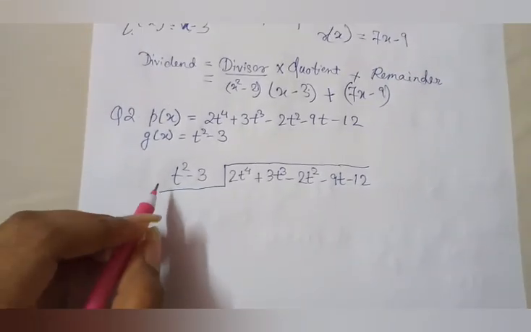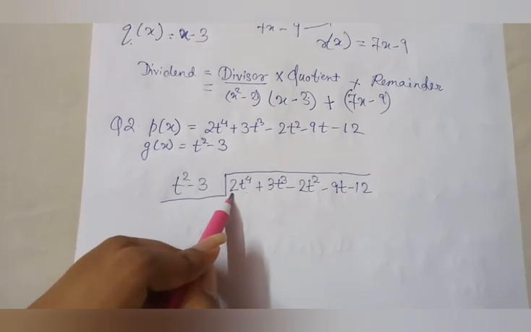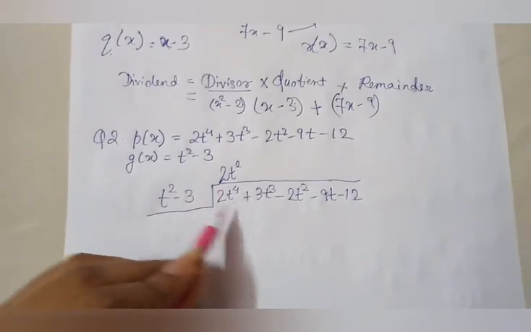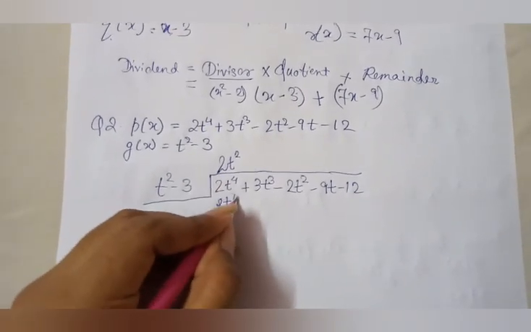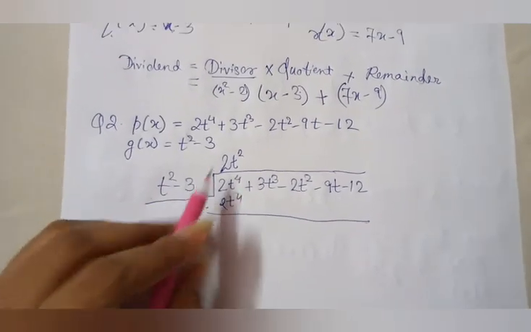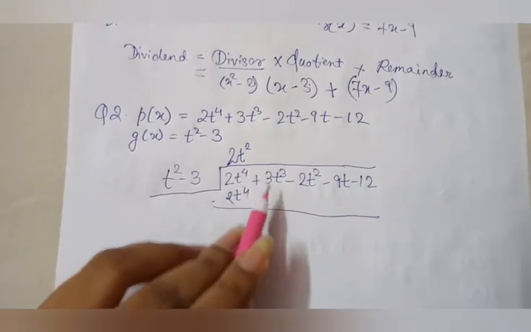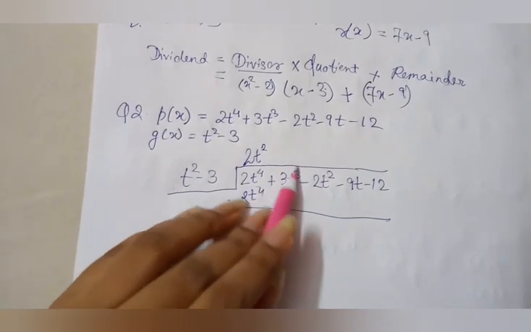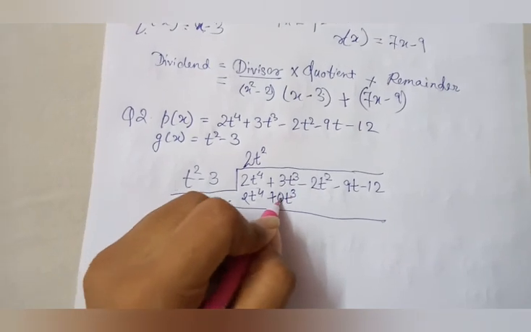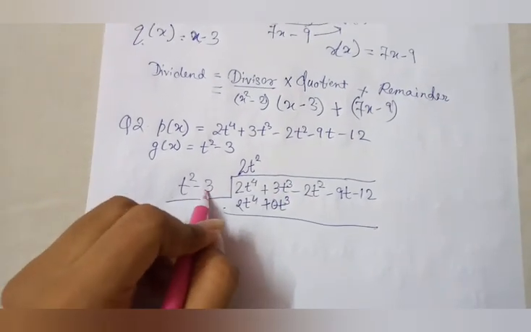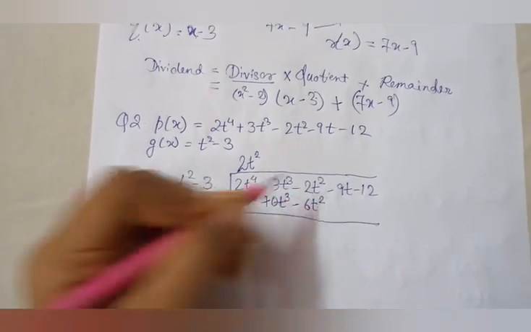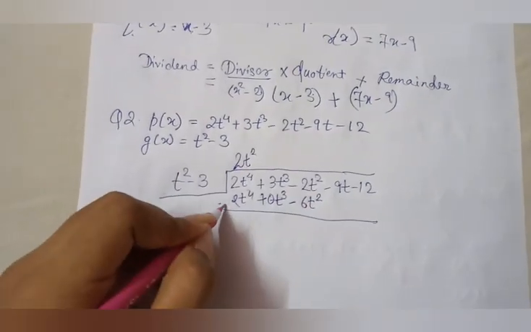Okay, so let's start. T square. Now to get 2t4, as you can see, 2t square. T square times 2t square is 2t raised to 4. Now minus 3 into 2t square. There is no cube term, so we'll write plus 0t cube. Minus 3 into 2t square is minus 6t square, and we'll change the signs now.